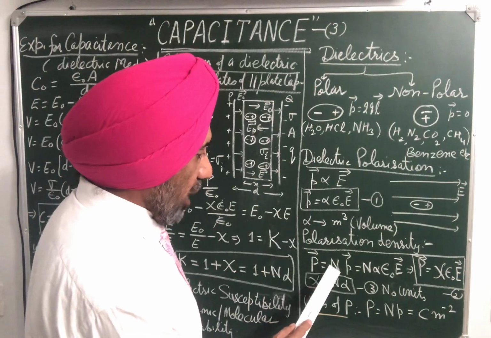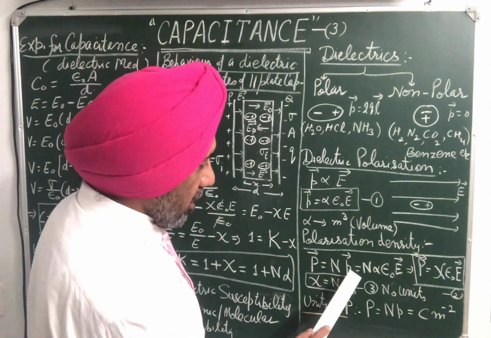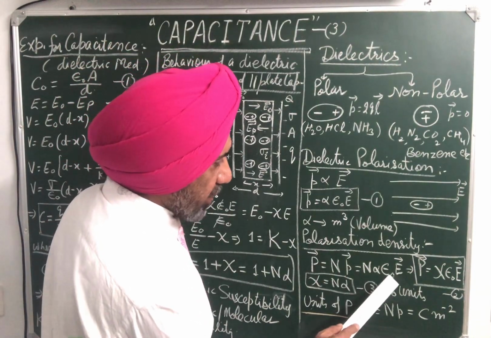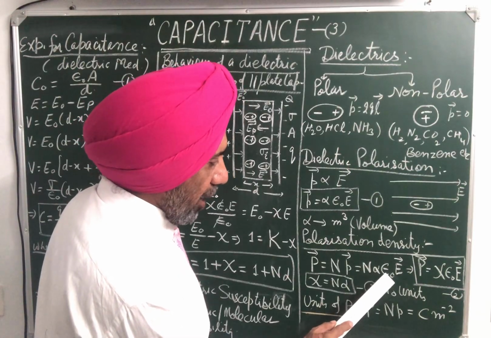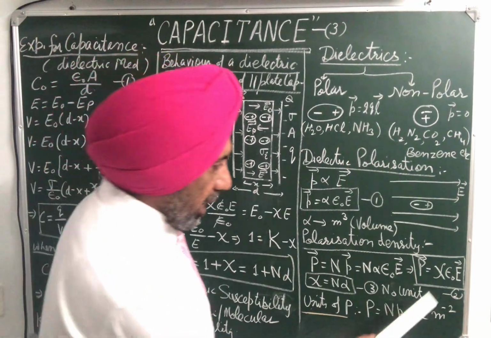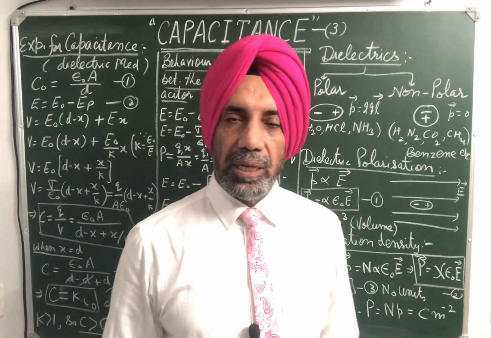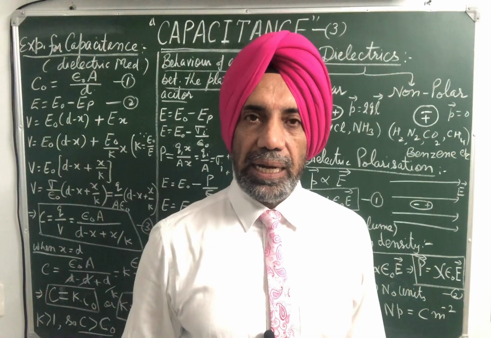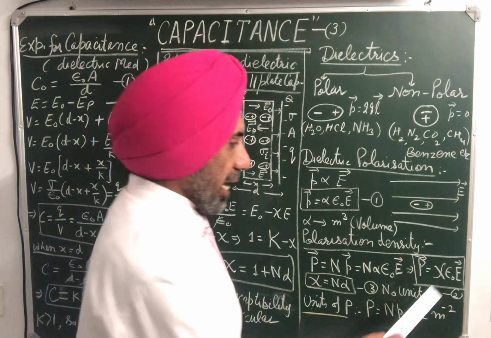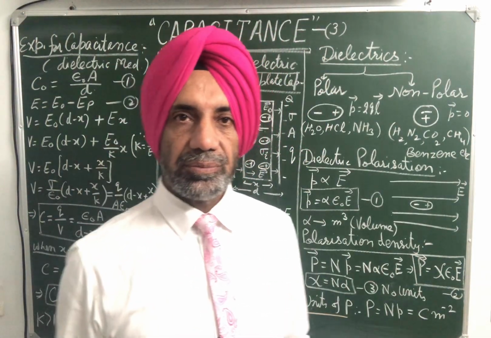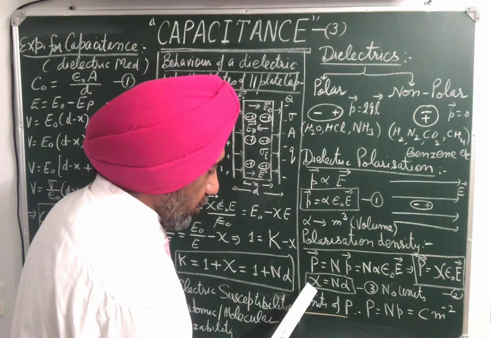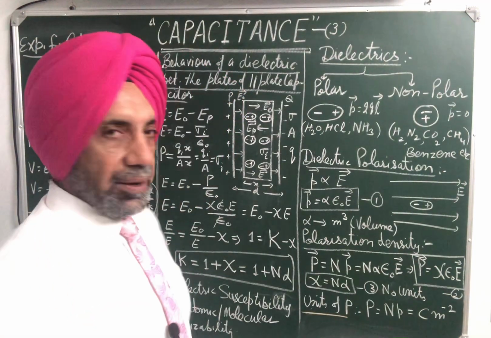Therefore, capital P is equal to N into p, or substituting the value of p, alpha epsilon naught E. So it will be N alpha epsilon naught E, or put N alpha equal to chi. So P is equal to chi epsilon naught E, where chi is called electric susceptibility, and this chi has no units, and chi is equal to N alpha.